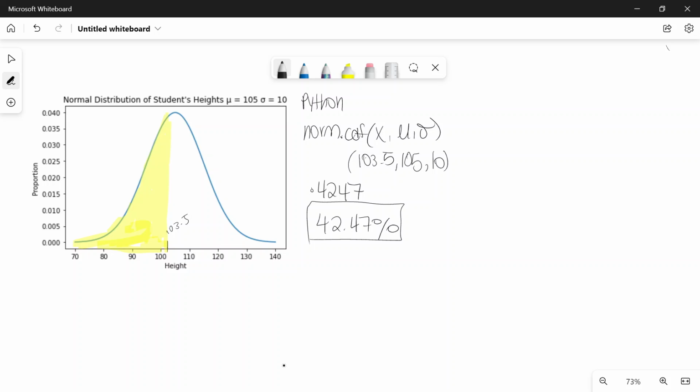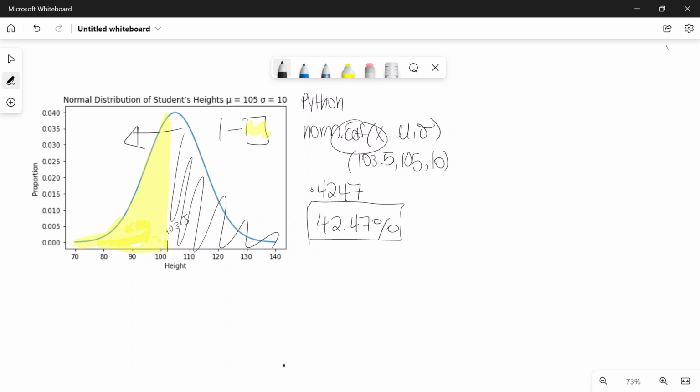Now I just wanted to know if it were to ask for this area over here, that meant if they were to ask what proportion of students' heights were higher, then I would have had to do 1 minus the yellow area, right? Because in Python, CDF only calculates the area to the left.